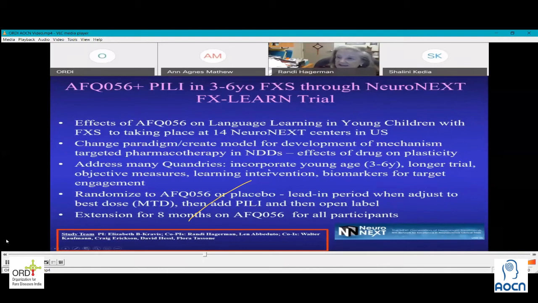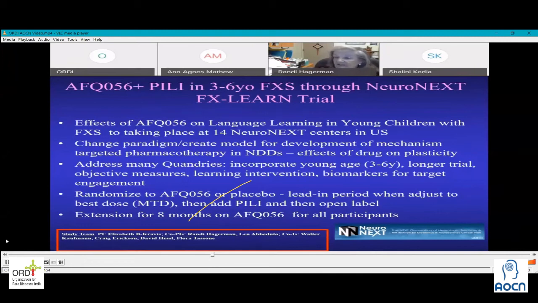And in young children ages 3 to 6, we hope to see the data in the fall or in the coming year, because this study is coming to an end, to see if AFQ-056, together with an educational program called Parent Implemented Language Intervention, where we teach parents through Skype or through a video program how to stimulate language at home. And PILI has been successful on its own. I'll show you more about that later on in the talk.